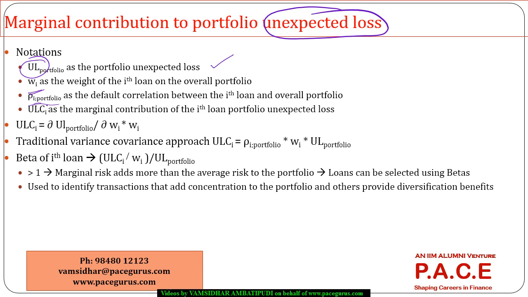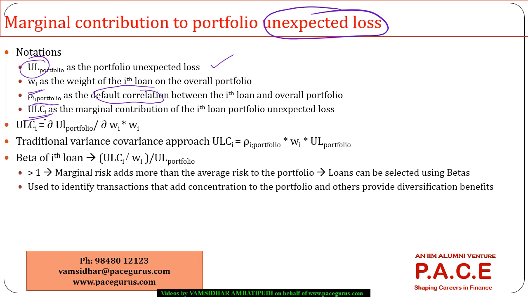And I am also looking at the default correlation between the ith loan and the overall portfolio. So when the overall portfolio has fallen, whether the value of the ith loan also has fallen or has gone up, that is the correlation between the ith loan and the overall portfolio.